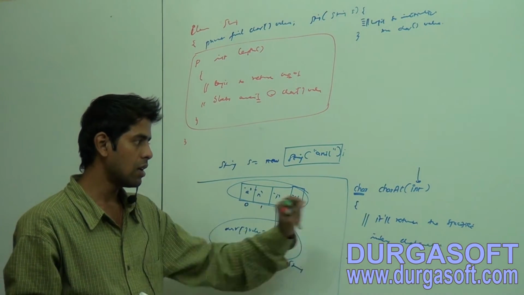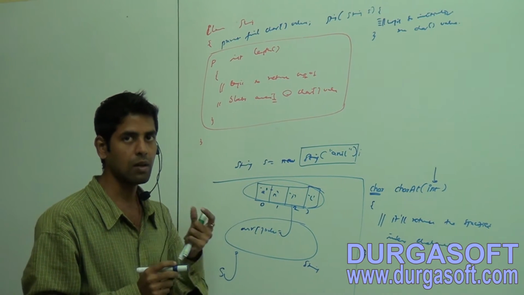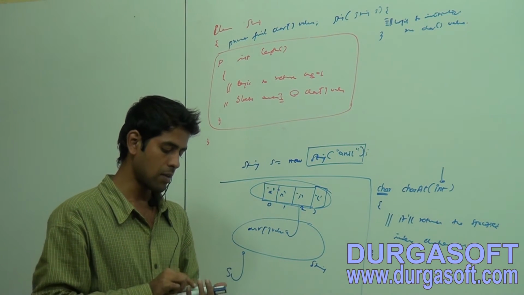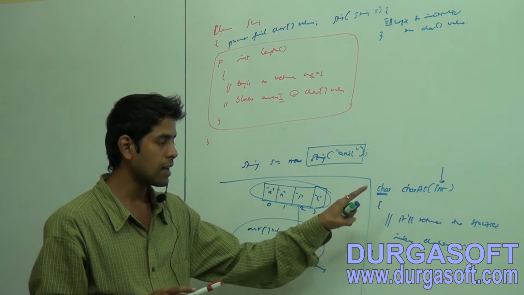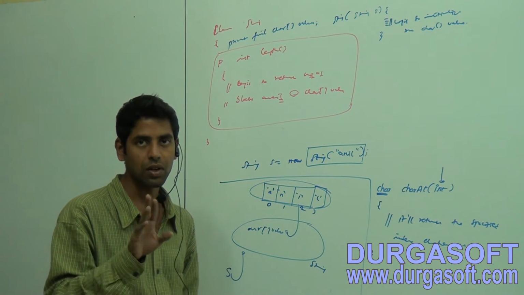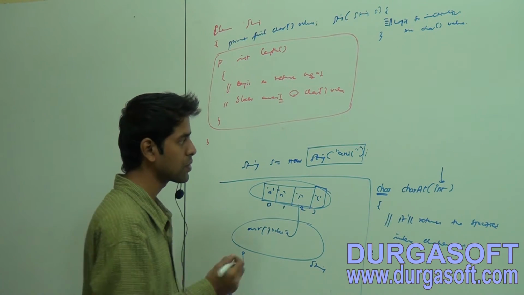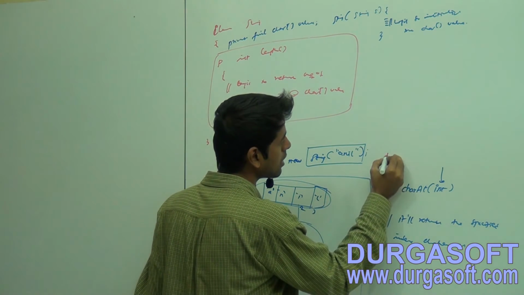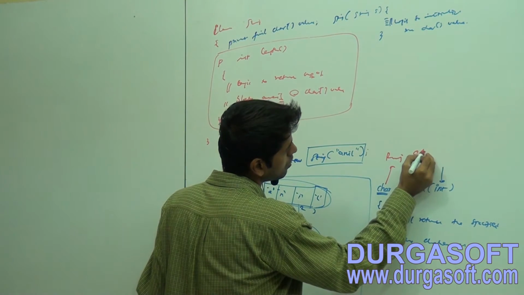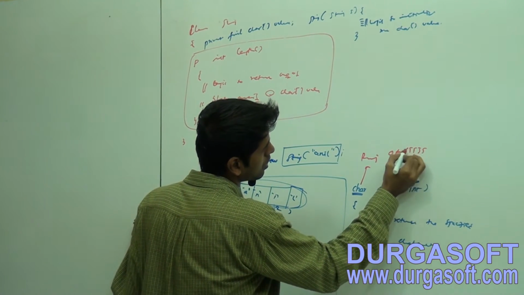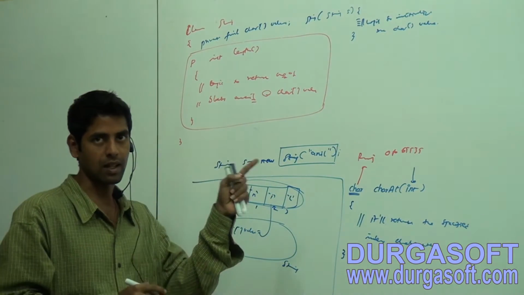Now we have come across the char data type range. What is the range of the char data type? 0 to 65535. Yes or no? Yes.